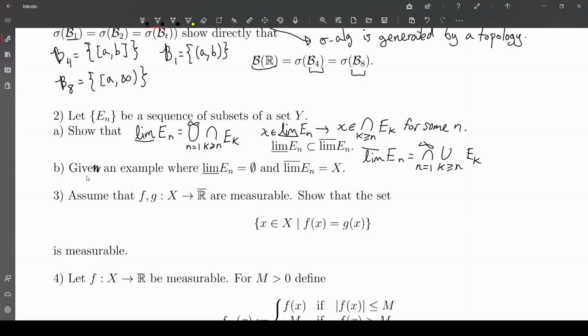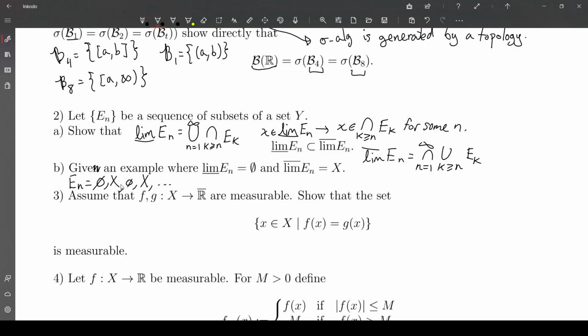And for this, I said the alternating sequence, I guess I shouldn't use curly brackets. I don't know what to use here. But just alternating the empty set and the whole set.